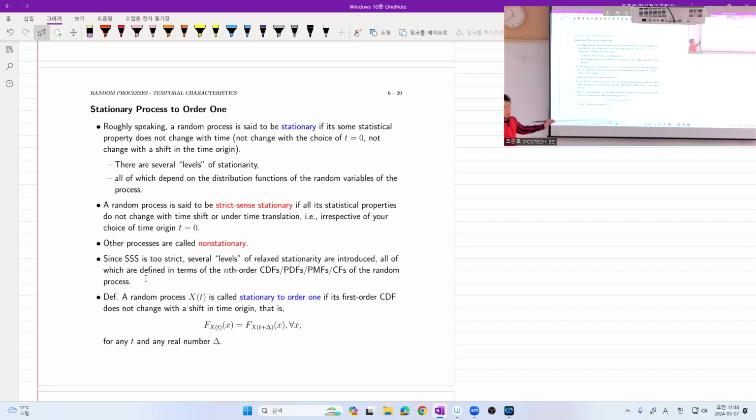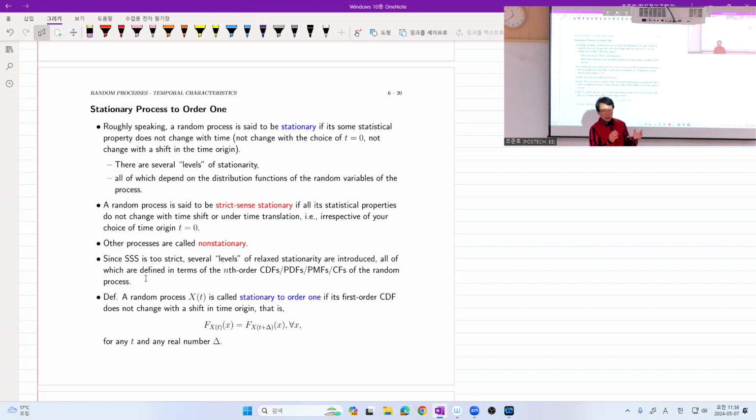And that's what we are going to see here. The first, second, third, nth order stationarity, or stationarity to order 1, order 2, order n, these definitions are all related to Kolmogorov's extension theorem.